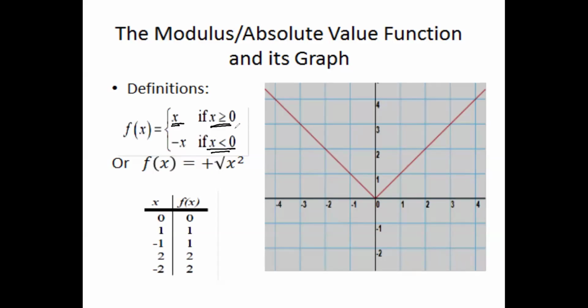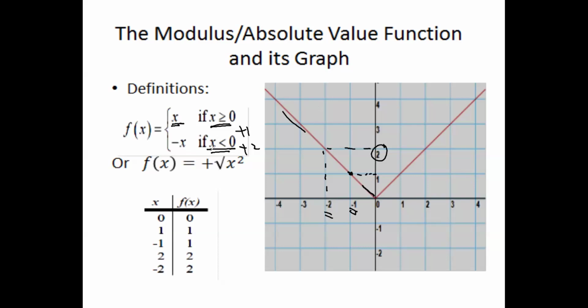So if you have -1, you take the positive of it. -2, you take the positive of it. That's what minus x means. Remember, x is negative, so you just take the positive of the number. That's why this part of the function is still positive. Even though x is -1, y is +1. Even though x is -2, y is +2, right?